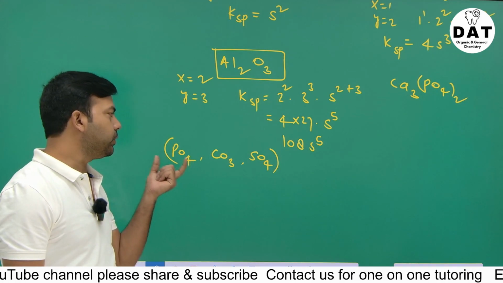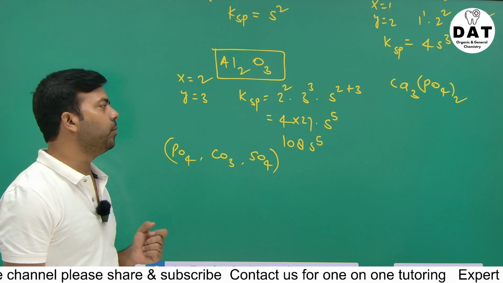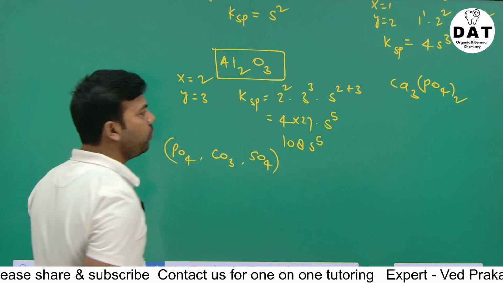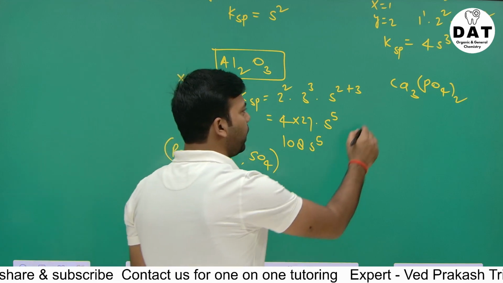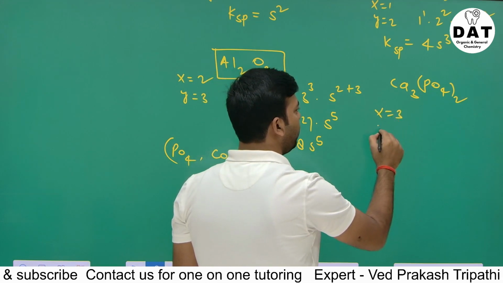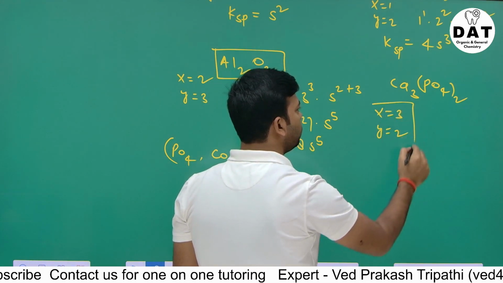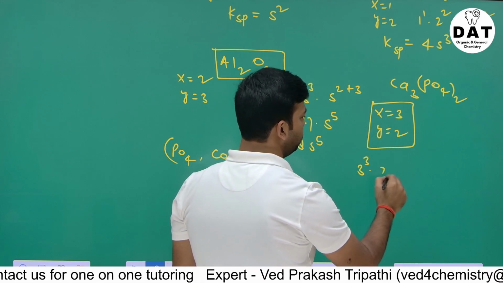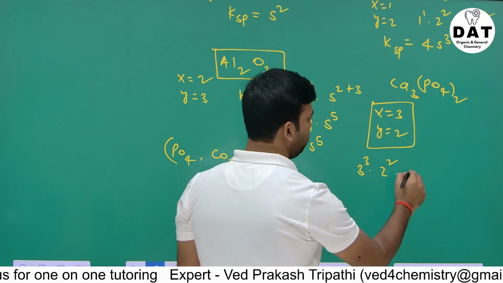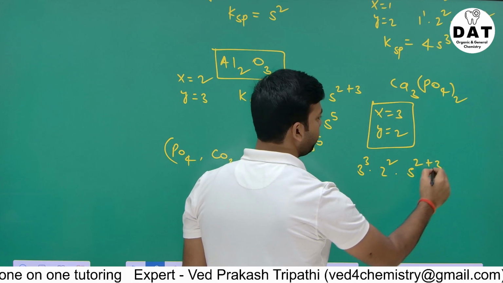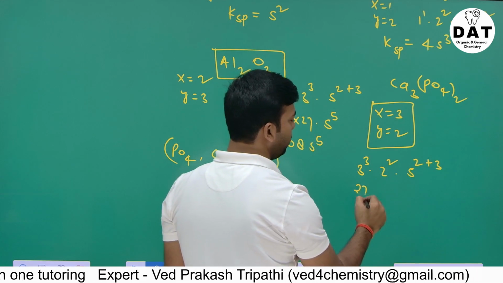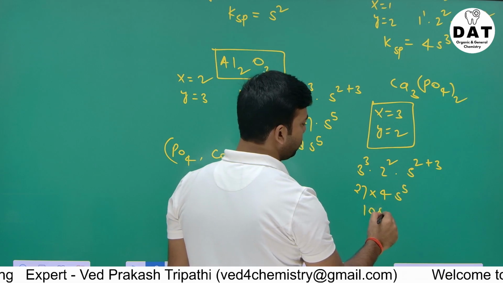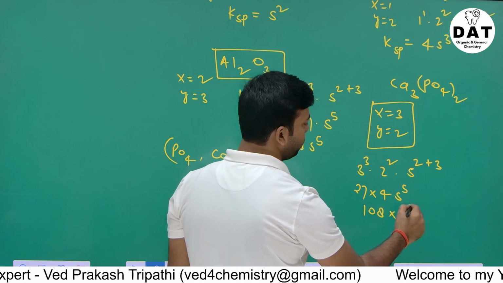No. This is phosphate. It will exist in this form. Clear? So suppose here Ca3(PO4)2. So it means my x value is 3 and y value is 2. Clear? So what it should be? 3 to the power 3, 2 to the power 2, s to the power 2 plus 3. So 27 into 4, s to the power 5, 108 s to the power 5. Clear?